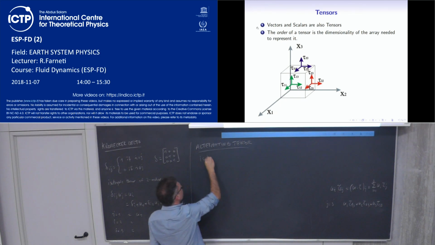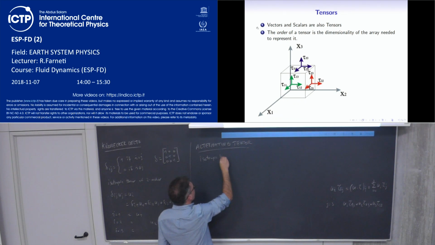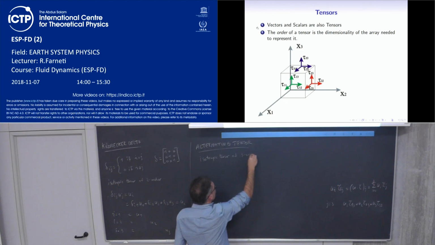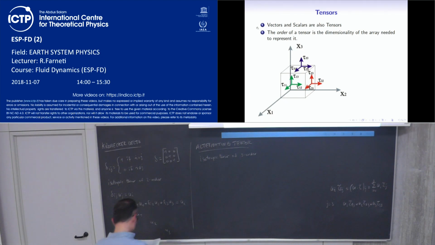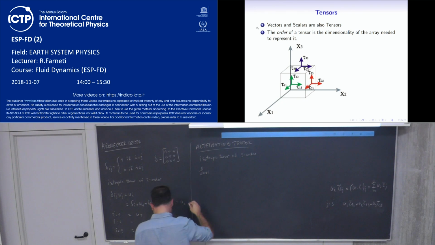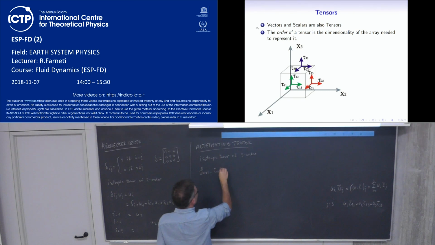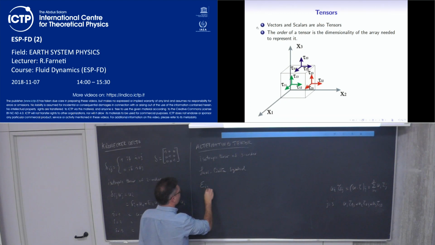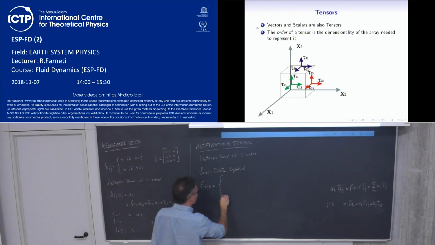This is called the Levi-Civita symbol. Okay, and so you have your epsilon ijk.